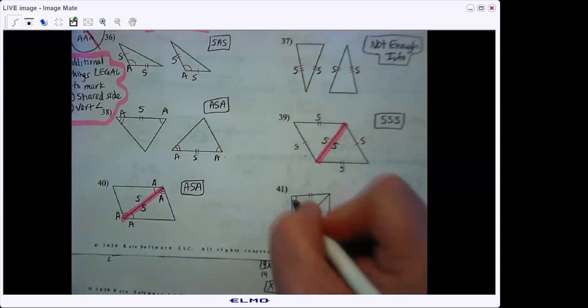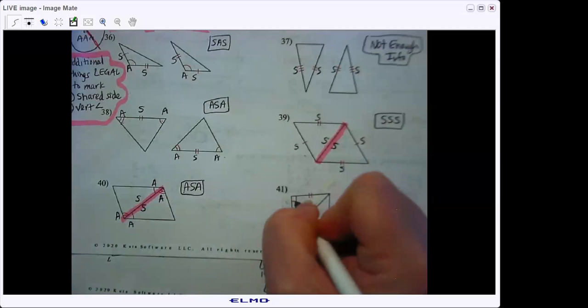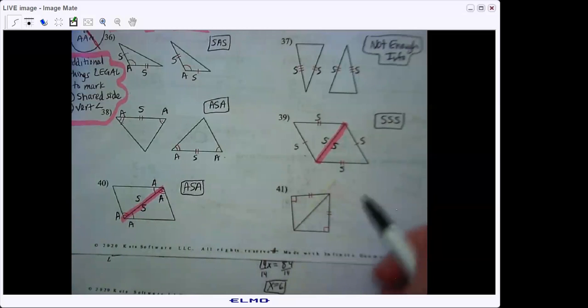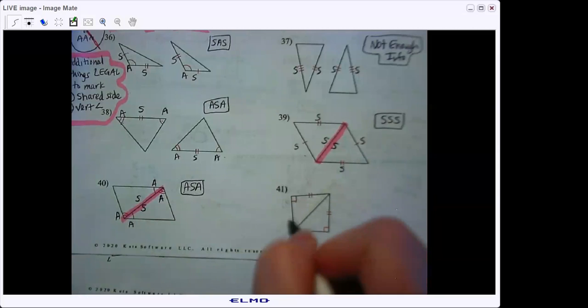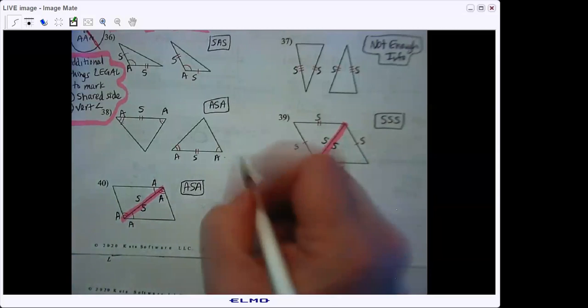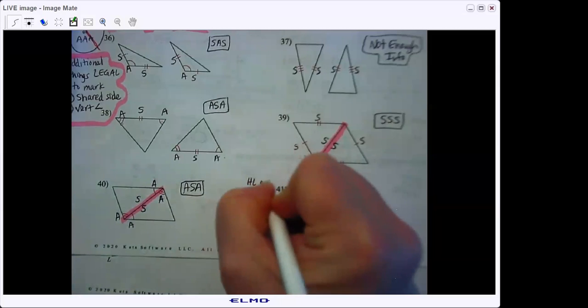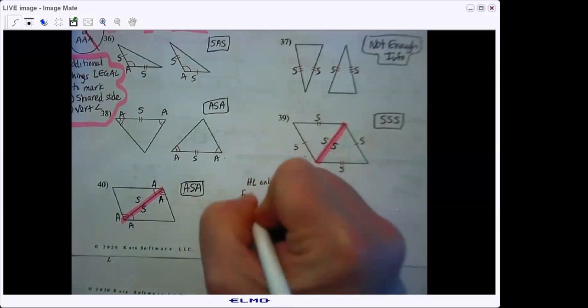Okay. This is the last one on this page. I am going to draw one more to add to your collection here. Well, let's look at this one. Anytime you have a right angle, chances are it's going to be an HL. Okay, because you can only have an HL with the right triangle. HL only for a right triangle.